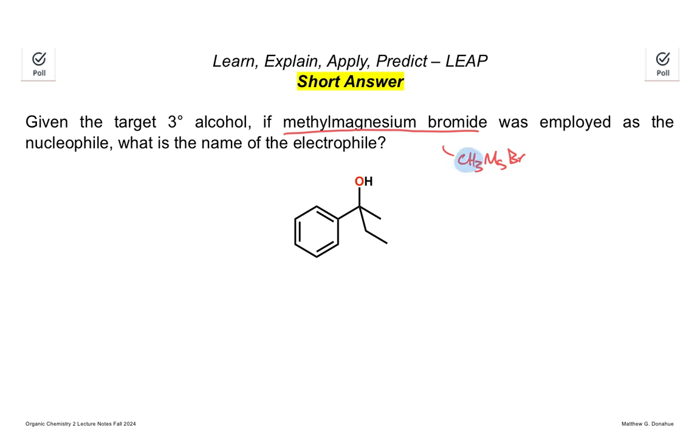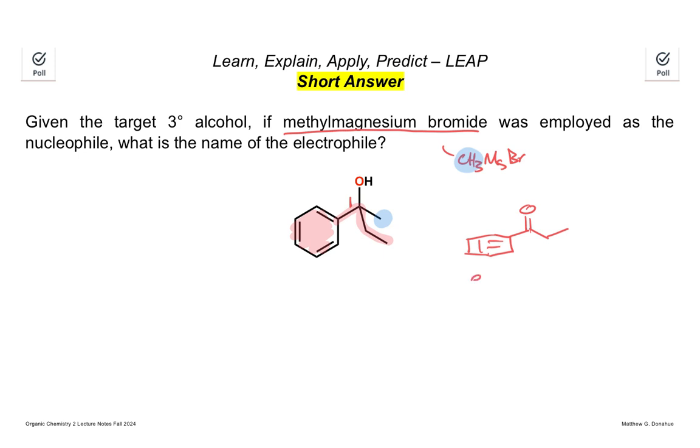If this highlighted blue CH3 ends up being that, this whole rest of the molecule has to come from the electrophile. Since this is at oxidation state 1, the electrophile has to be at oxidation state 2. So that carbon has to be at 2, and that would be the starting material for this.